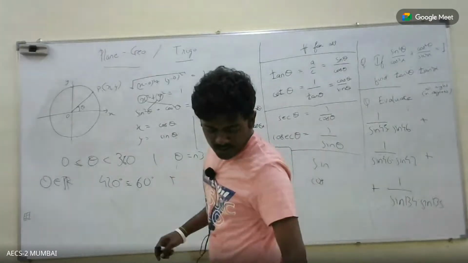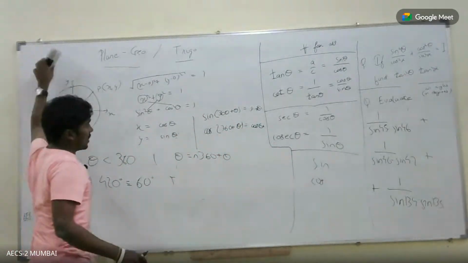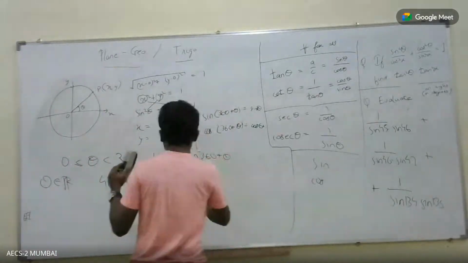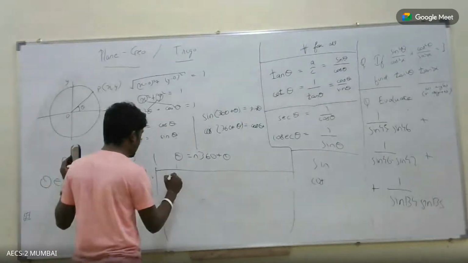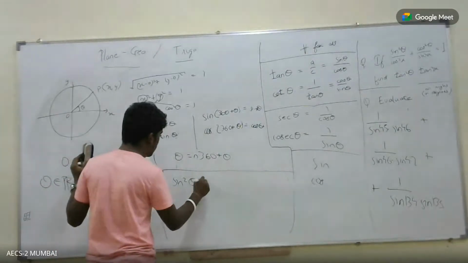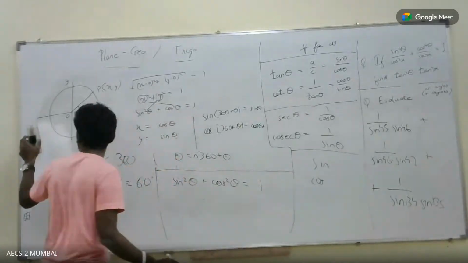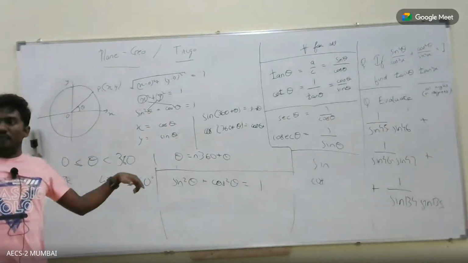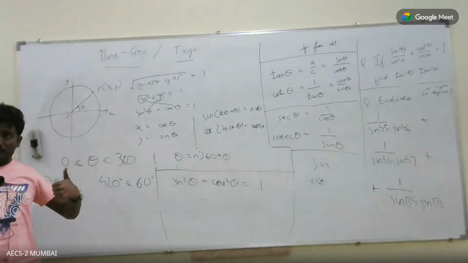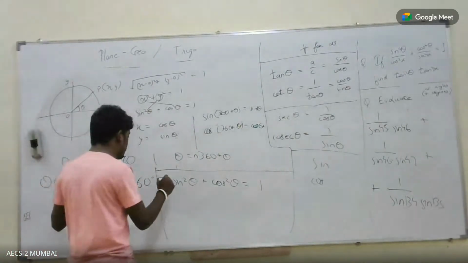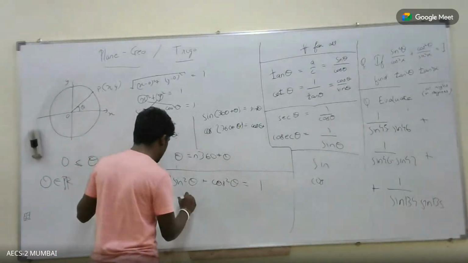So now we'll look at a few problems based on what we've learned so far. But before we do that, I'll show you a couple more identities that follow directly from sine square plus cos square equal to 1. So we have this identity for all theta again. Divide both sides of this by cos square theta. What will you get?